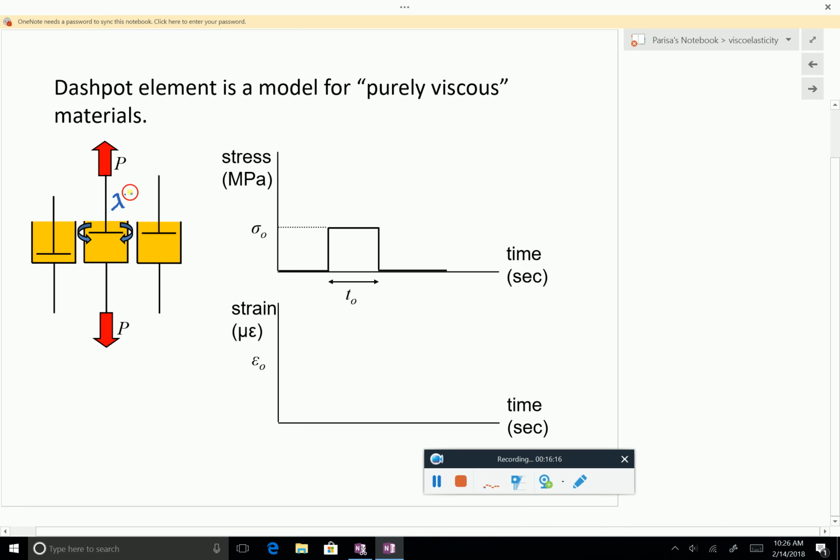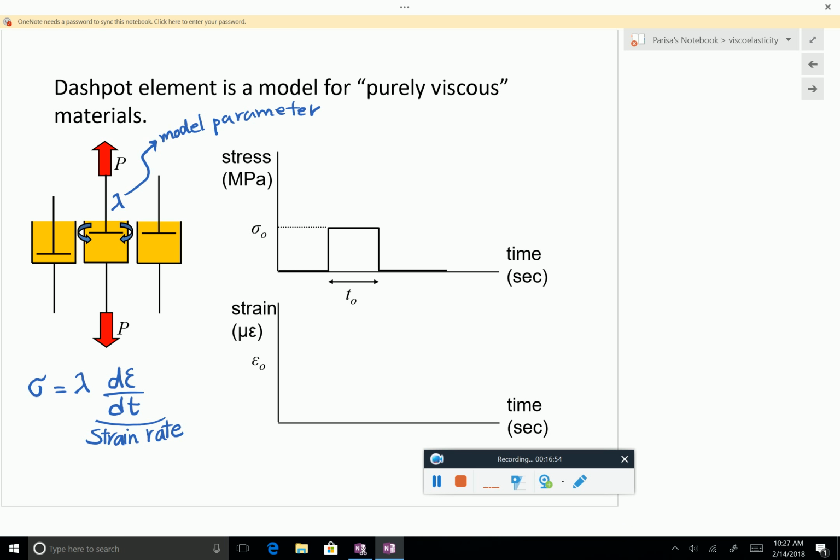So this would be the model parameter, which is just a parameter which describes a Newtonian fluid. And sigma is equal to lambda, not epsilon, but d epsilon dt, which is a fancy way to say how much the strain is changing with time. It's a strain rate. But we use this notation, d epsilon dt, derivative. You should be familiar with that from calculus.